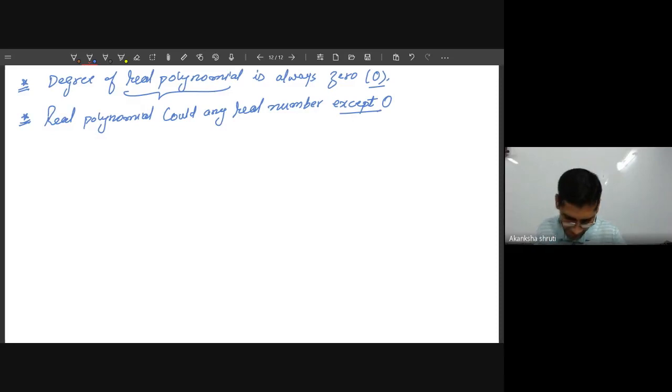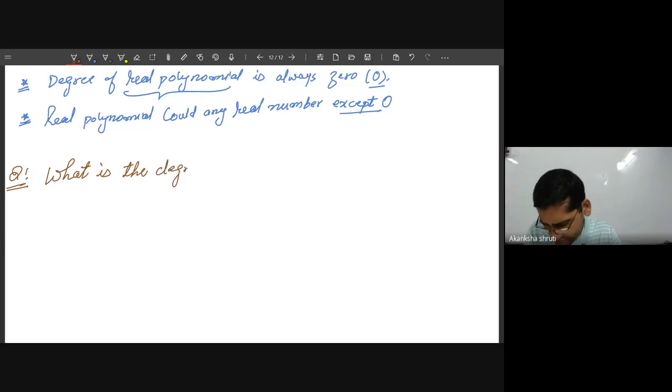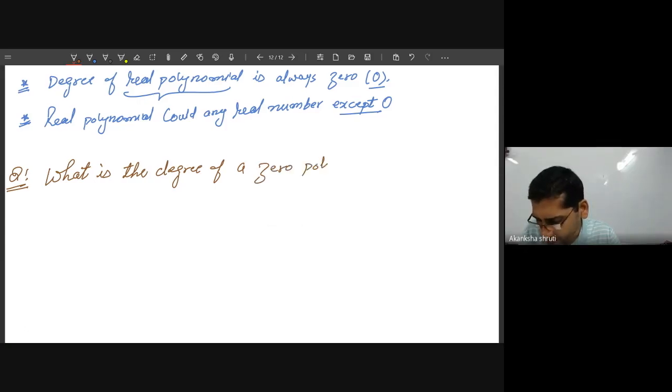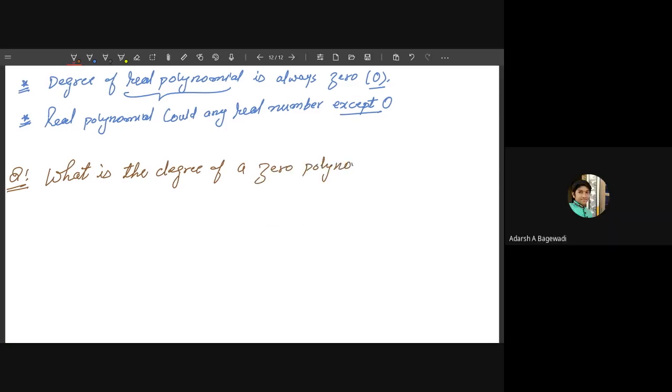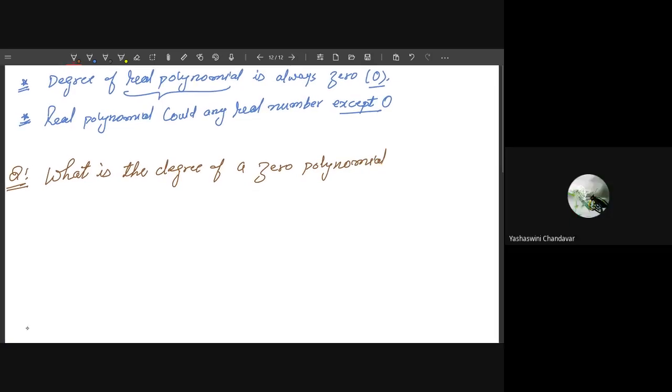Okay, students? So the questions are framed very simply. The question is like this: what is the degree of a 0 polynomial? Not defined. Options will be there. All of you can give the answer very easily.